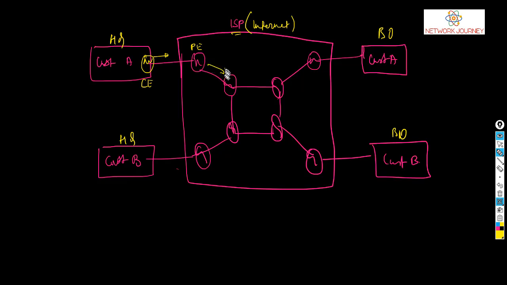PE will forward it to one of the IBGP routers, because we know that they are all running BGP. Over here we have eBGP, the same goes over here. We have eBGP, external BGP, and internally they are all connected over IBGP.